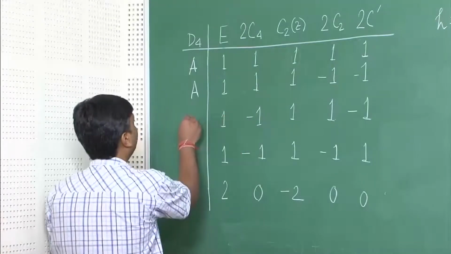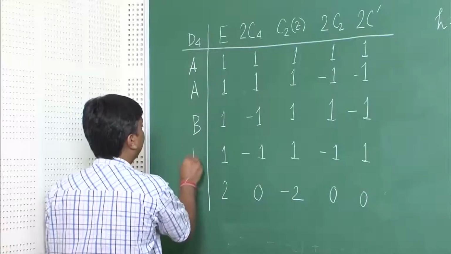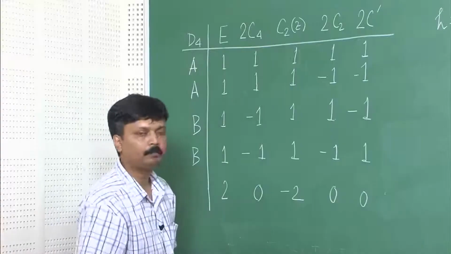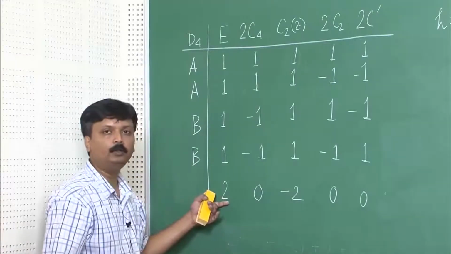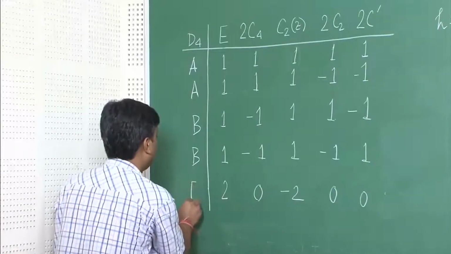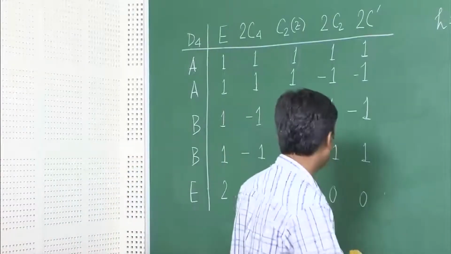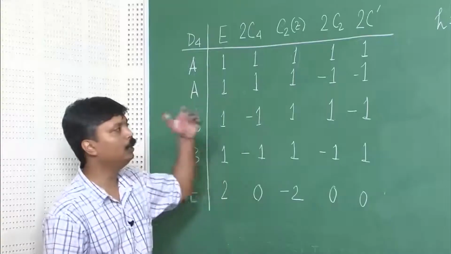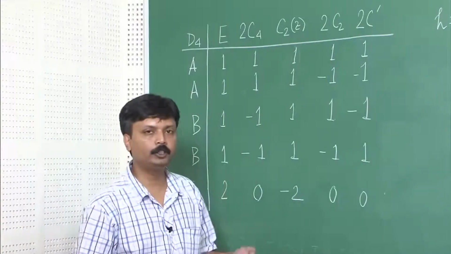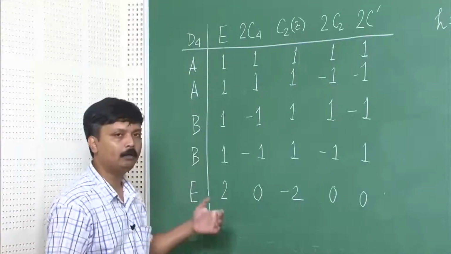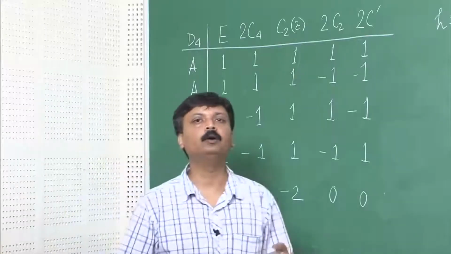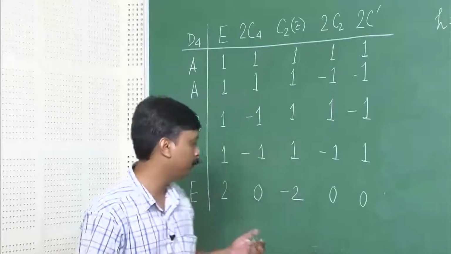Therefore, these two belong to the B type of symbol. And this one being a two-dimensional representation, we have E as the symbol for the IR, and since there is no center of inversion, we don't have to worry about g or u subscripts.